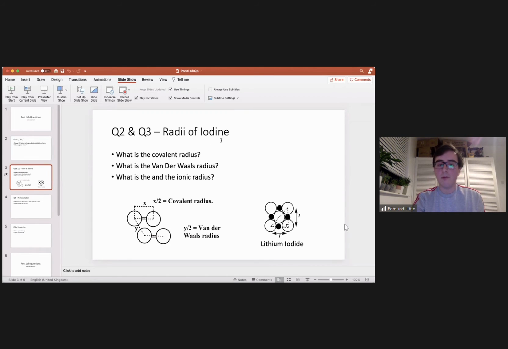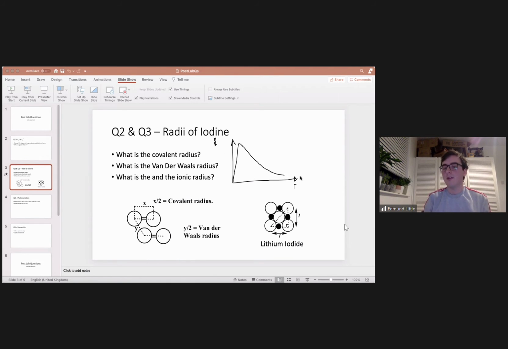So the next one is about radii. So before we go any further, I need you to quickly define for me, what is the radius of an atom? But you get these, let's do a radial distribution function as a function of distance.